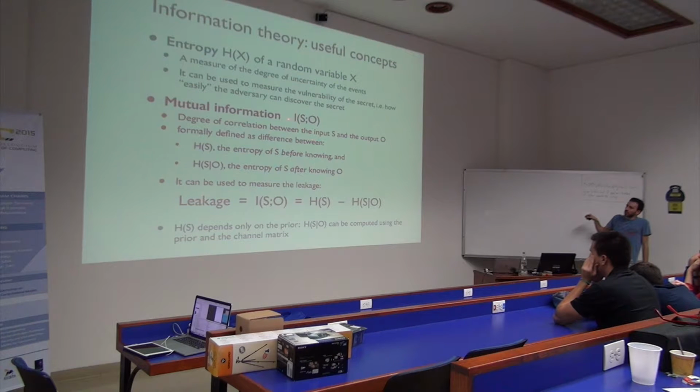Again, it's not that important to see the formula. Let's take a step back, and before even talking about mutual information, let's go to entropy. We saw the entropy of this secret, okay?